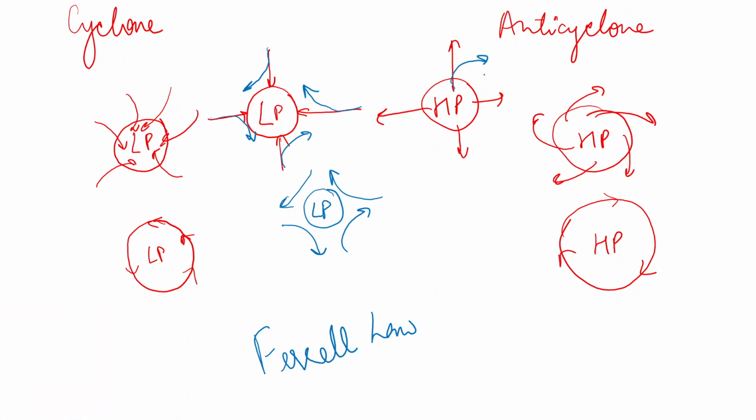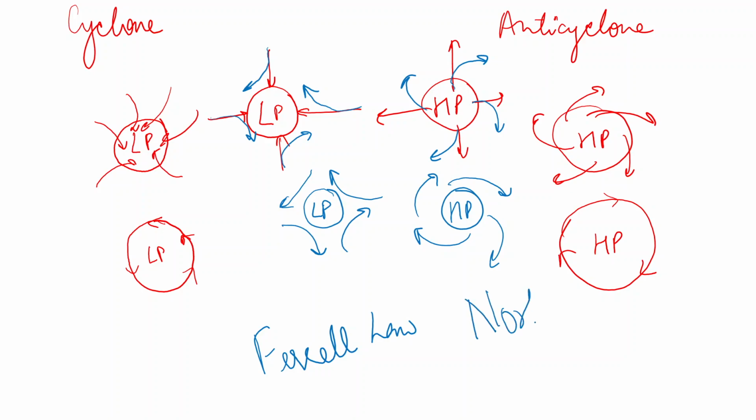So this will be the deflection direction. As a result, we get this kind of a pattern. So we get a clockwise motion. But remember that this pattern is specifically for the northern hemisphere.